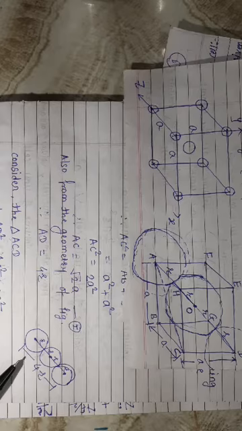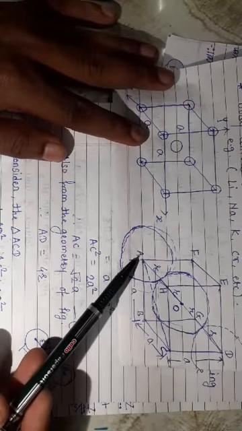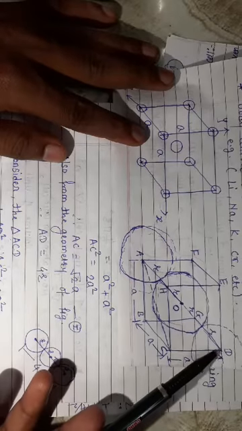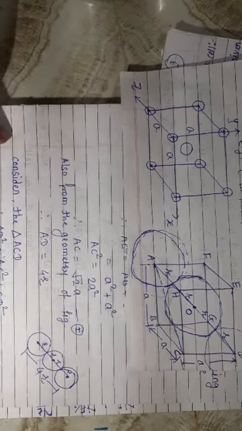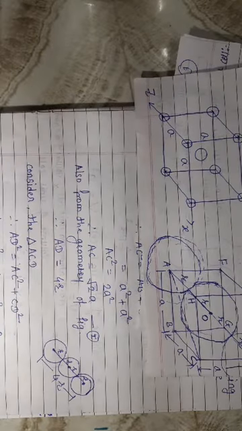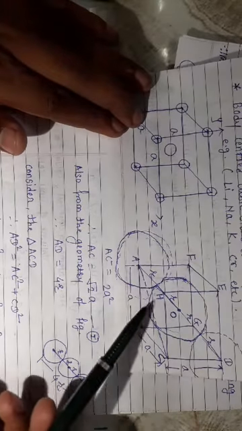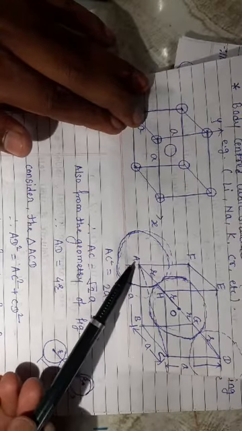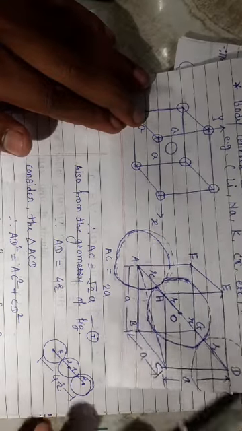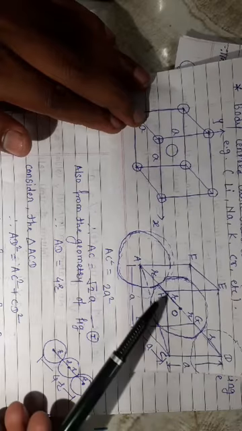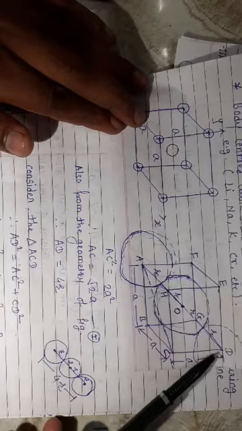That is the AD, this diagonal distance from A to D, and this distance is 4R. Consider the triangle ACD, with A, C, and D as shown.